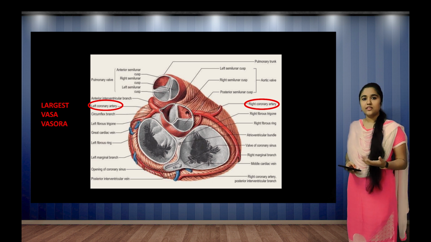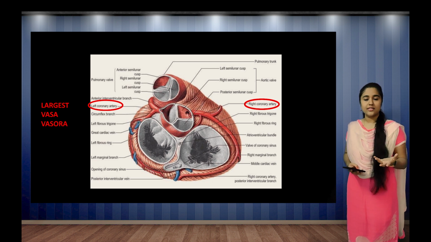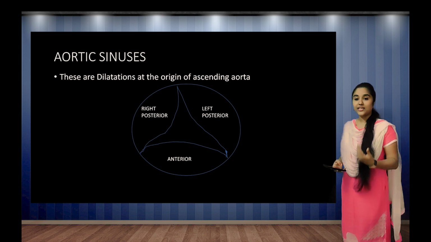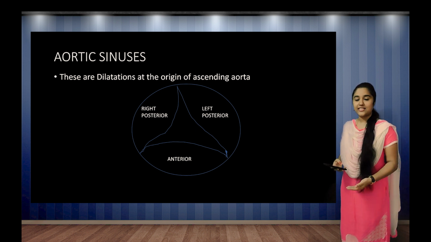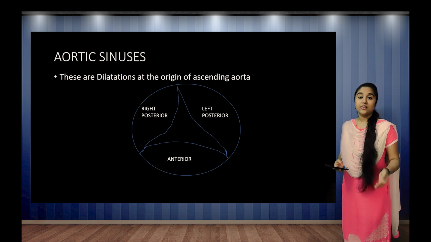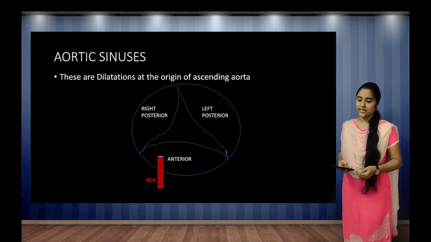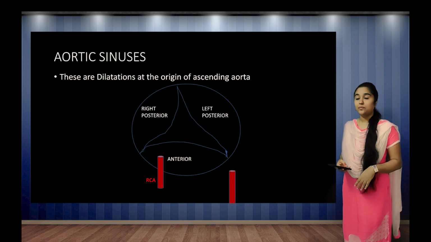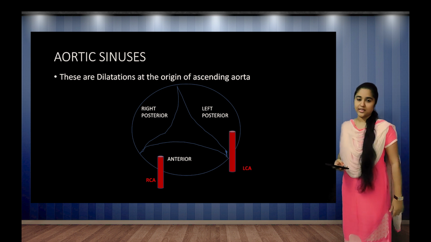Now, before seeing the coronary arteries, let us look at the aortic sinuses. You can see here there are three aortic sinuses: anterior, right posterior and left posterior. The right coronary artery takes its origin from the anterior aortic sinus and the left coronary artery takes its origin from the left posterior aortic sinus.